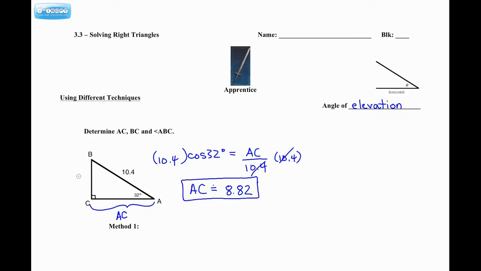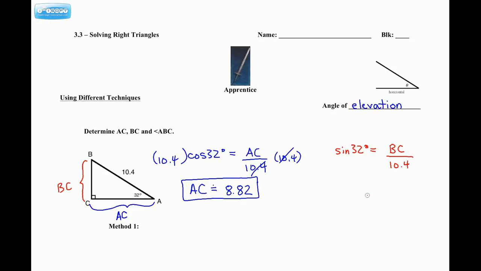Now there are no units necessary because there are no units given in the problem. Moving on, we want to determine this length here, BC. All right. Well, we can use this angle 32 degrees and this hypotenuse 10.4, but because BC is opposite to this angle right here, we can use the sine ratio. So the sine of 32 is opposite over hypotenuse.